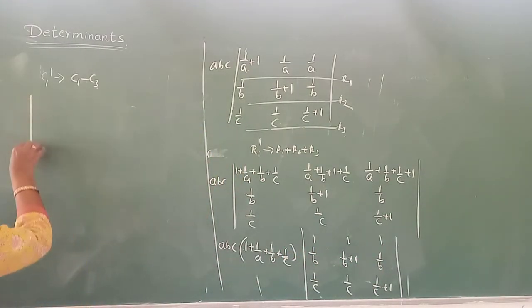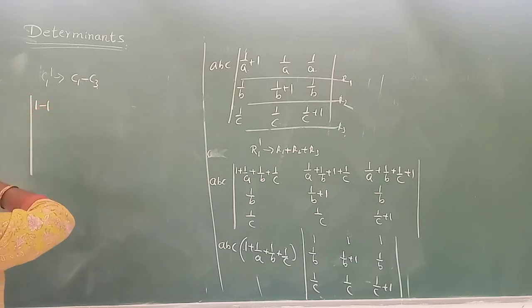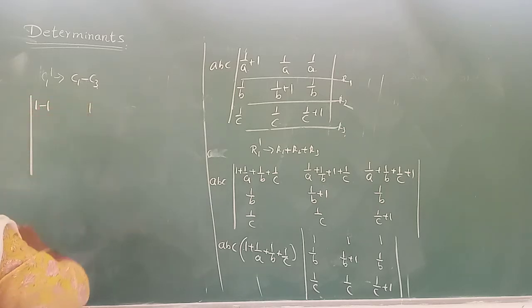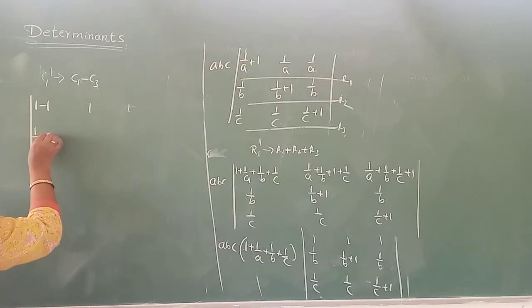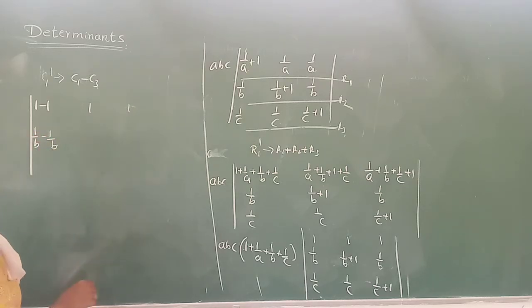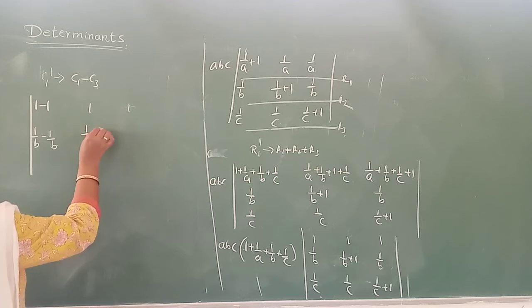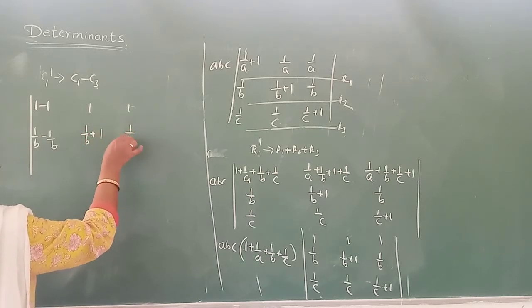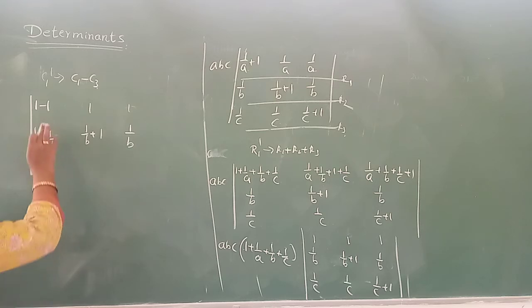We get 1 minus 1, 1, 1; 1 by B minus 1 by B, 1 by B plus 1, 1 by B, because we are doing the changes only in the first column.